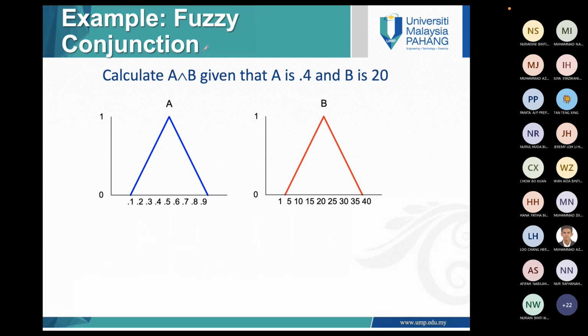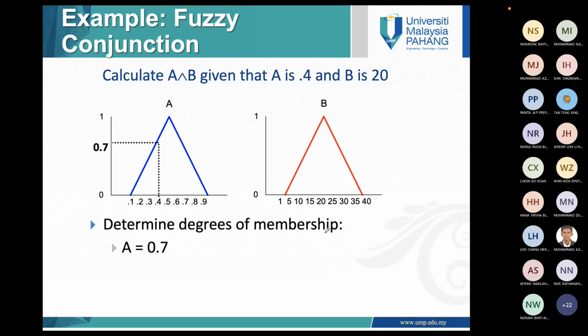Example for fuzzy conjunction: calculate A conjunction B given that A is 0.4 and B is 20. First we determine the degrees of membership. We take 0.4 and map it to the graph, and we get 0.7.